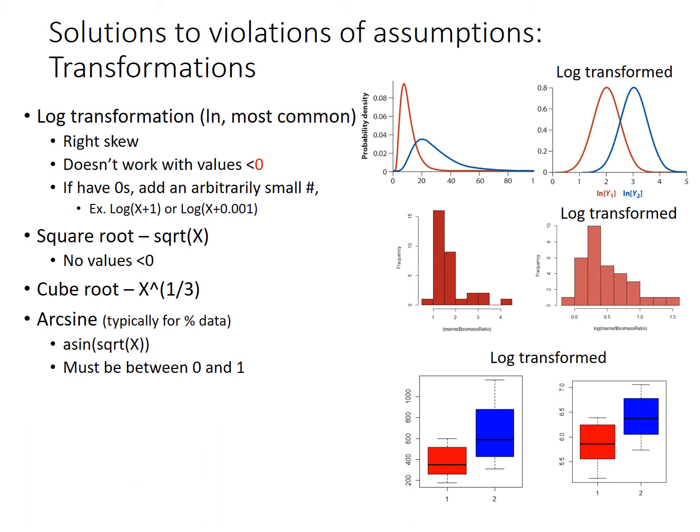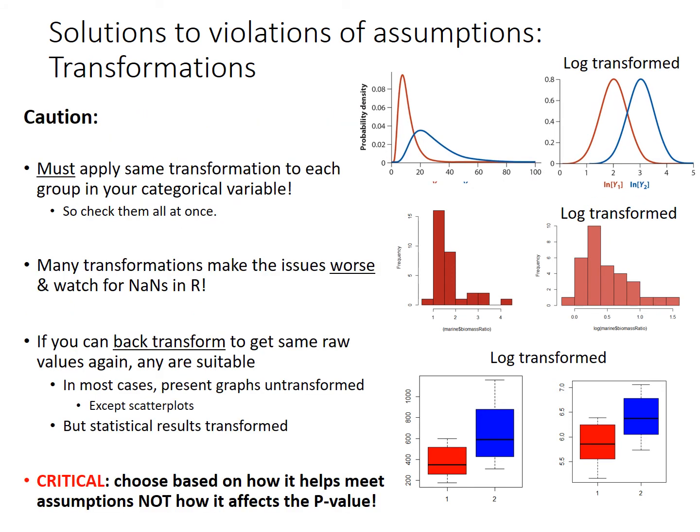But in reality, whatever transformation you use should be the one that's best for your data. It should help you normalize your data or make it more equal in the best way possible, and reduce the influence of outliers in the best way possible. And there's not just any one transformation that's going to be the gold standard. Again, it depends on your data and what your graphs show, what your pre-analyses show.